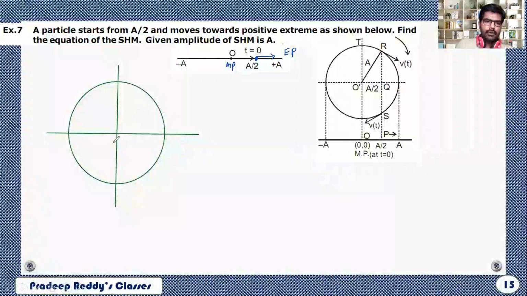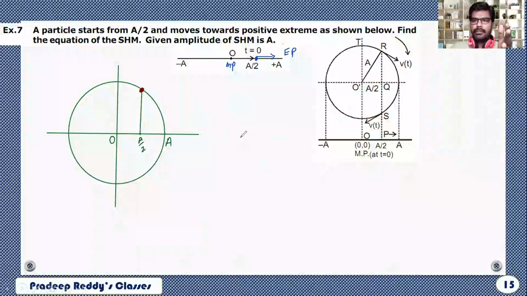Now this is O and this is A, and this distance is a by 2. That means the particle is initially at this point. And what is given: the particle is traveling towards the positive extreme point.